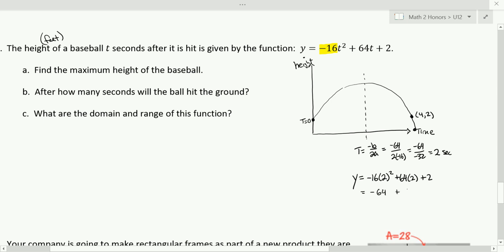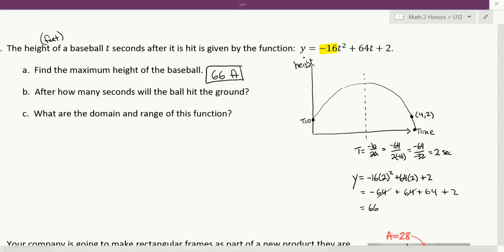And then 64 times 2, that's 64 plus 64 plus 2. So we're going to get 66. And that is our answer. Find the maximum height of the ball. It's going to be 66 feet. That's a nice hit, huh?